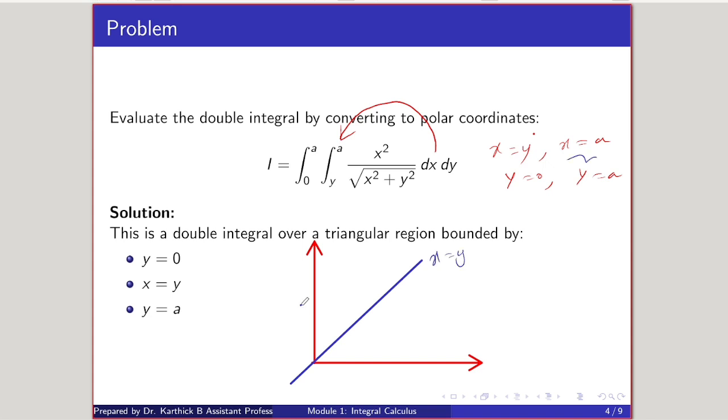And now we go for x equal to a, because x varies from y to a. So I take the value a here.